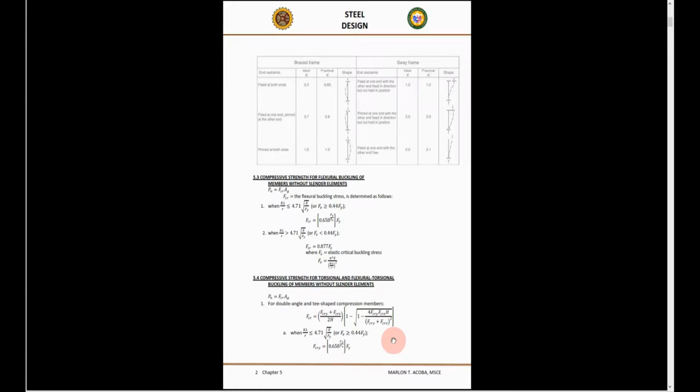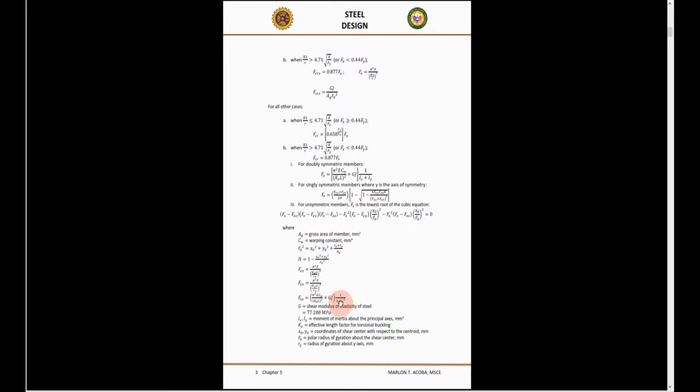So we will proceed to the next condition, this one for all other cases. Since that is singly symmetric members where y is the axis of symmetry, we will use this formula in determining the elastic critical buckling stress, this one.